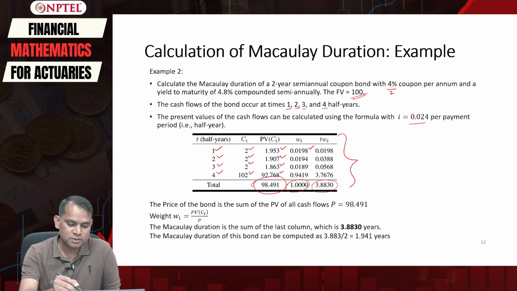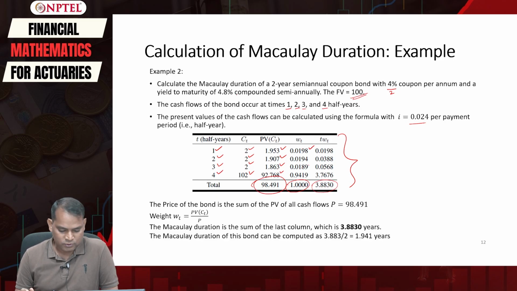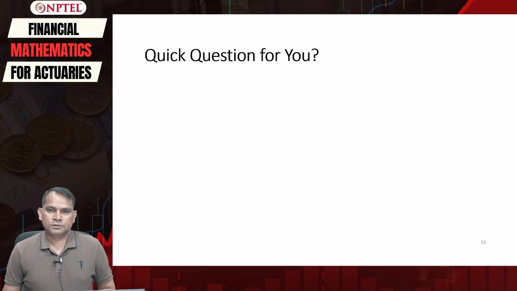To understand this problem, the Macaulay duration of this bond can be computed as simply 3.88 divided by 2, which will be 1.941 years. So I believe now you have understood how to compute the Macaulay duration, whether the coupon payment is annual or semi-annual.